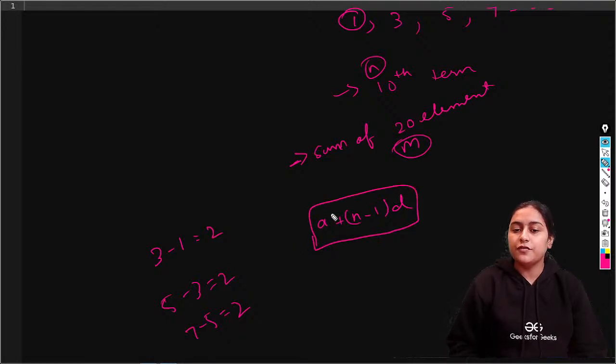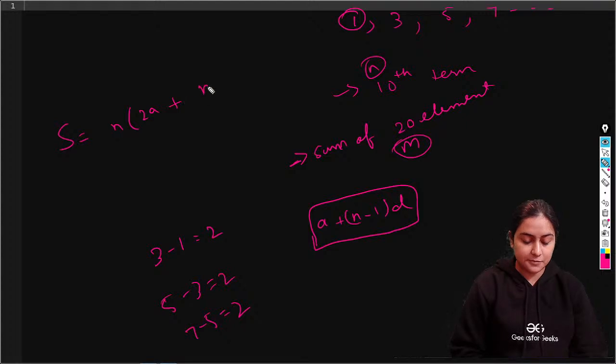Okay, so basically here you can see to find the nth term of AP we have this formula, first term plus n minus 1 into d. Okay, this is the formula to find the nth term of AP. Now to find the sum of m terms of AP, so the sum is, okay, someone has already said, n into 2a plus n minus 1 into d and whole divided by 2.